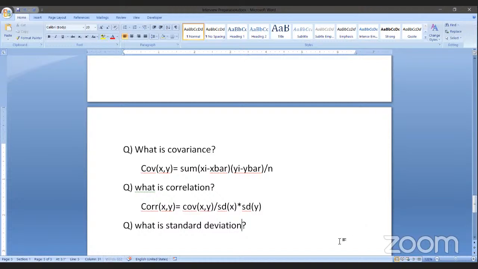Okay, let us do a dual question. Standard deviation and variance, because these two are related.